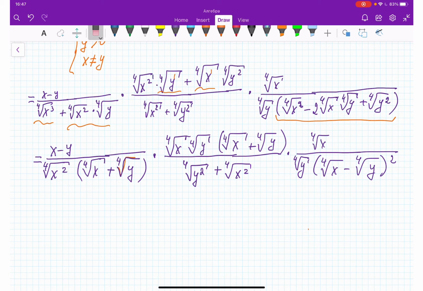We have that. What is coming next? Let's see. We have x minus y. So far it stays there. And in the denominator, what am I going to do with the denominator? Let me think about it.